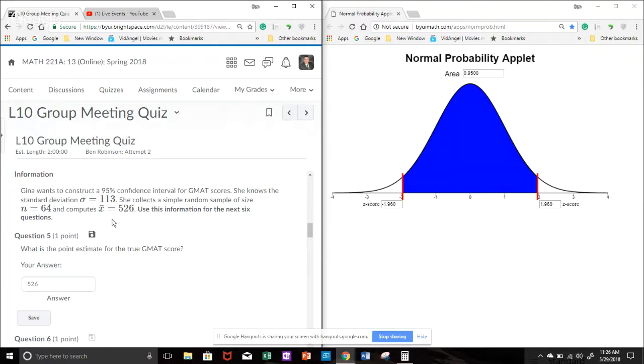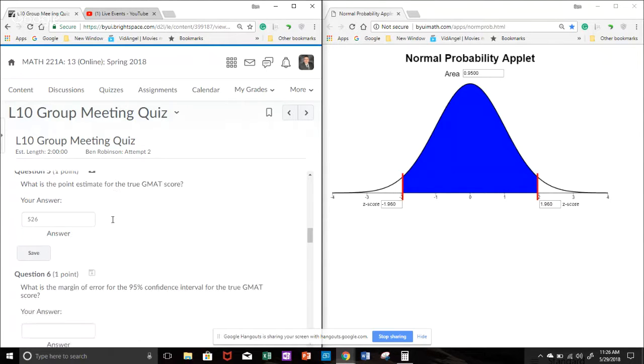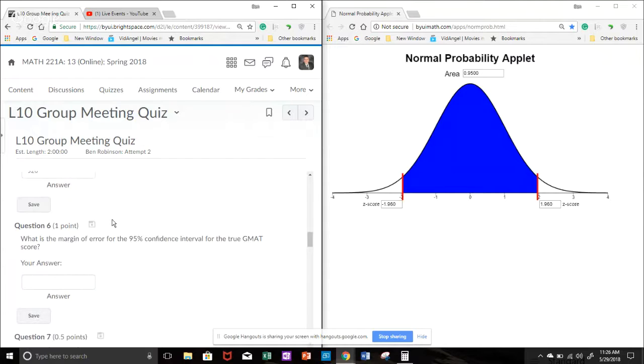Nydia, are you going to go back and do 6 again, or did you get the answer? Yes, I got the answer. I will read it. What is the margin of error for the 95% confidence interval for the true GMAT score?